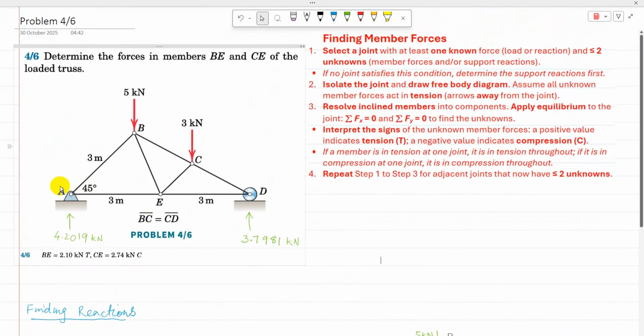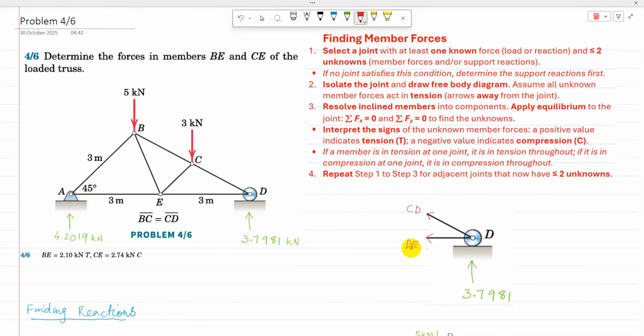Here again one known and two unknown, so it is your choice, you can go for any joint. So I'm going to select joint D and then isolate the joint, draw the free body diagram, and assume all unknown member forces act in tension. The joint D is isolated, so CD and DE both are assumed to be in tension.